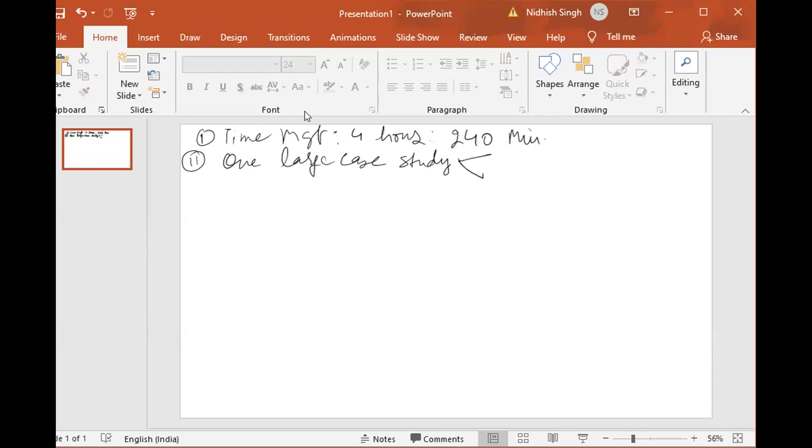From this case study, we'll have questions number 1, 2, 3, and they will be testing some aspect of the SBL. For example, it could be testing corporate governance. It could also test basics of financial ratios or calculations.